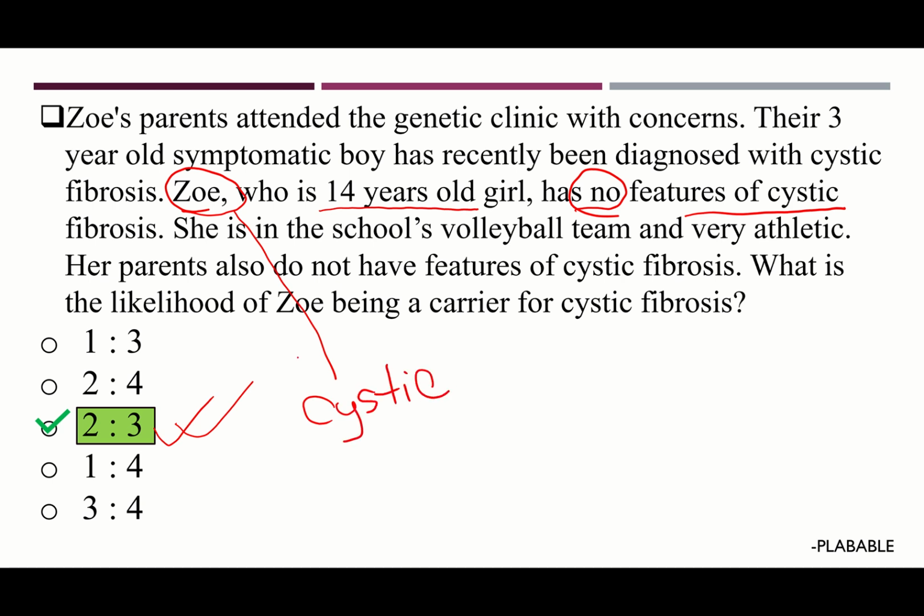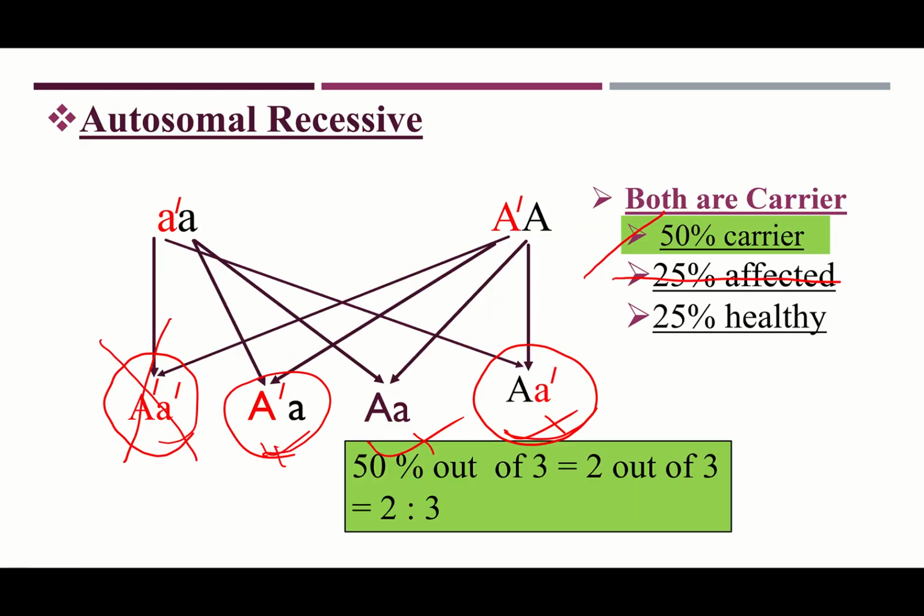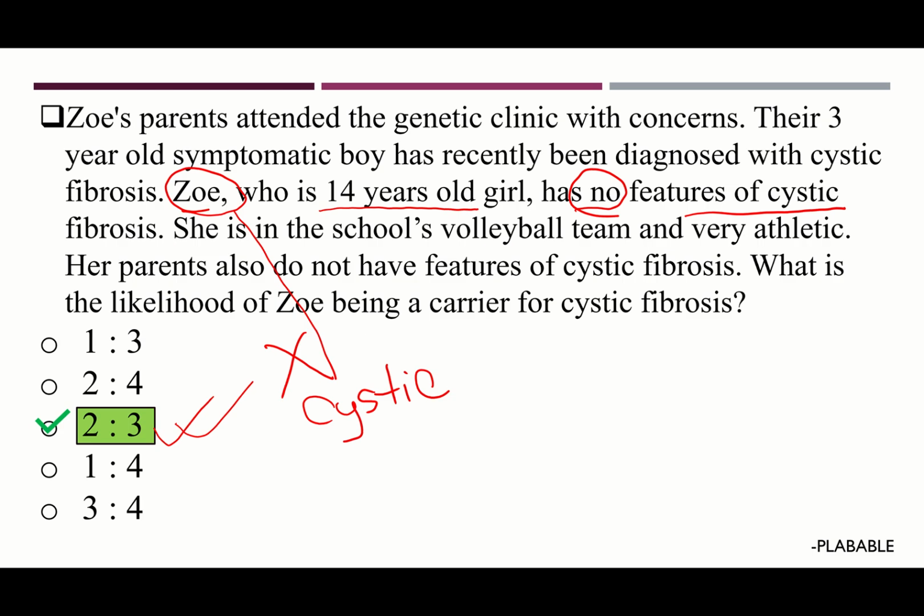But it is not certain that she will not be a carrier. She can be a carrier or she can be healthy. So that is why one of the four outcomes is rejected. What remains are these three outcomes, and the chances of being a carrier are 2 out of 3. So this is 2 is to 3, and that is why this is your answer.